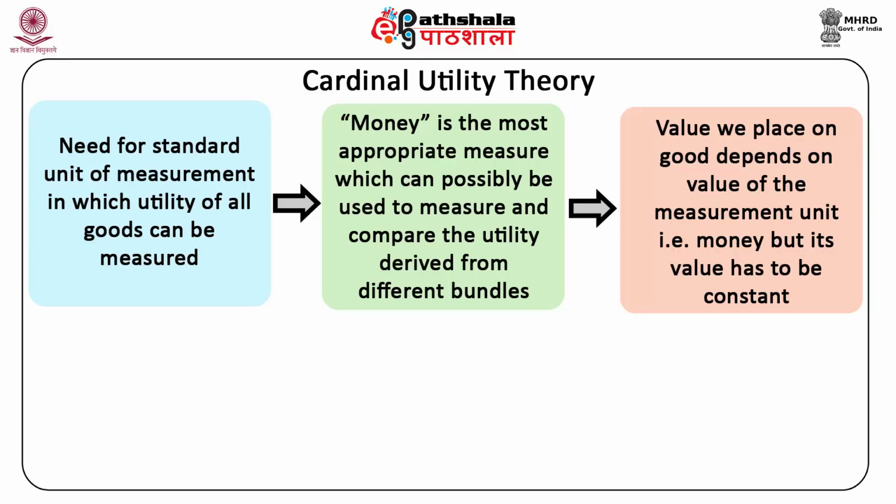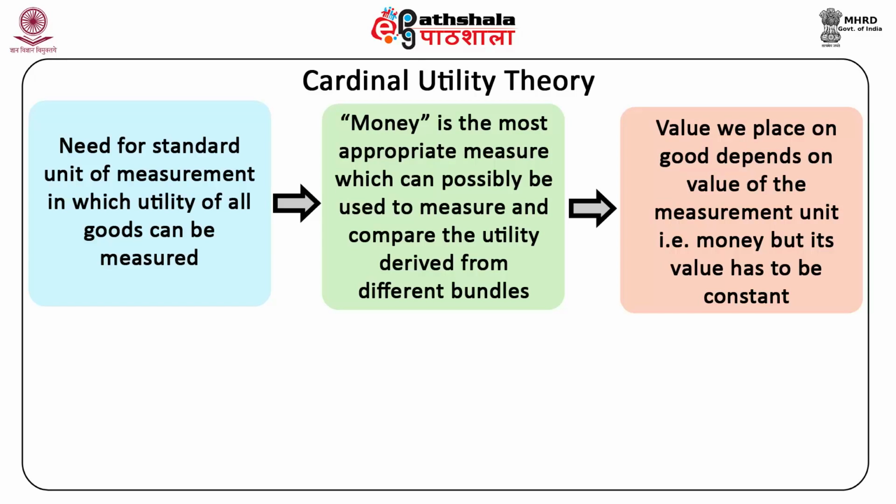Its value has to be constant, and hence Marshall brought in an assumption of constant utility of money. This means a rupee means the same to you, whether you are rich or poor. Hence, the utility from the 100th rupee should give the same utility as the first rupee, or for that matter, the 10th rupee.